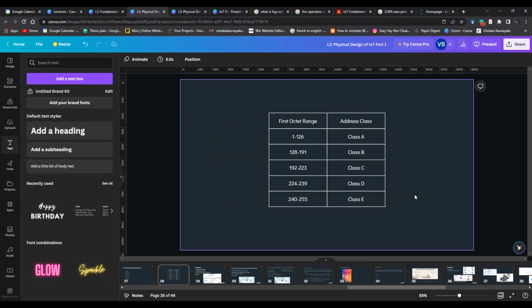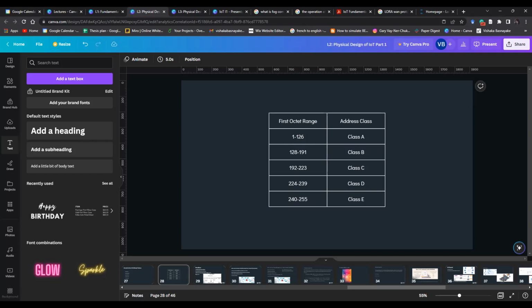So you can look at this and you can let me know the classes of the addresses I have given in the previous slide. So the second one is a class C address, right? So it is 192.168.